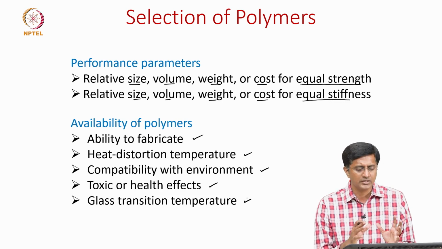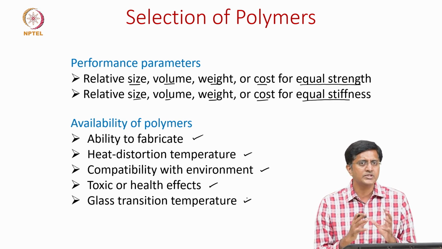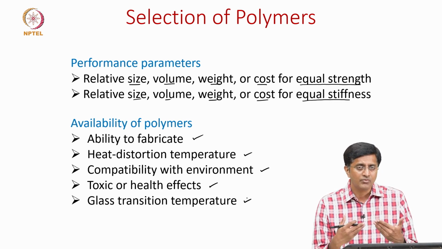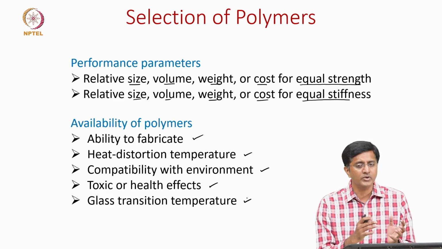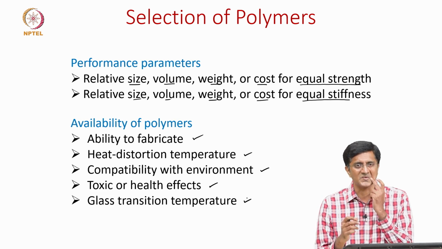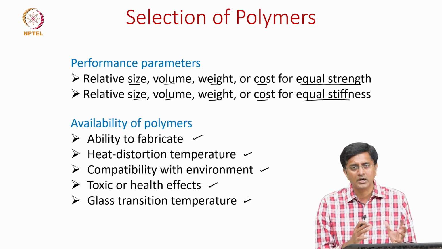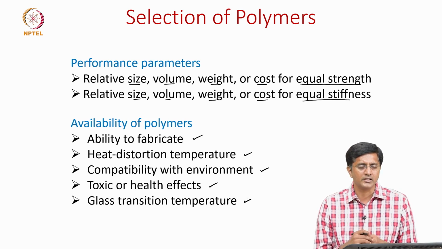So, in this slide and the previous slide, we have seen various criteria one should think about before we finalize a particular polymer for a particular application, or before we choose it for the design. But of course, these are not complete, in the sense that there might be other conditions, like let us say there is an impact event.